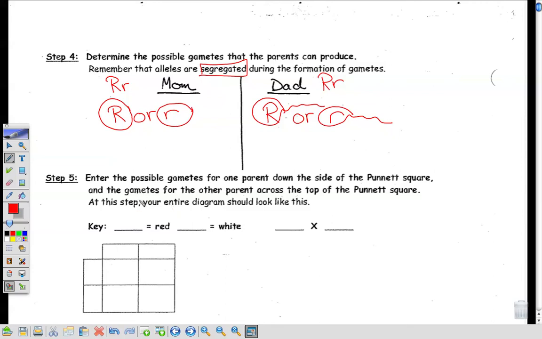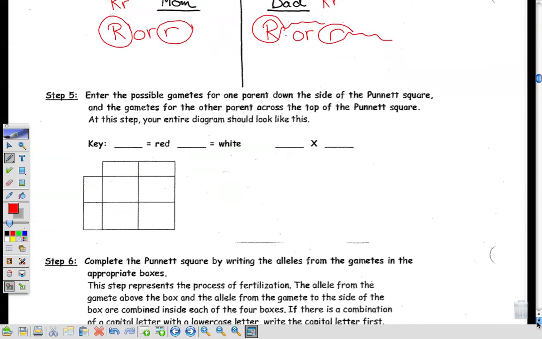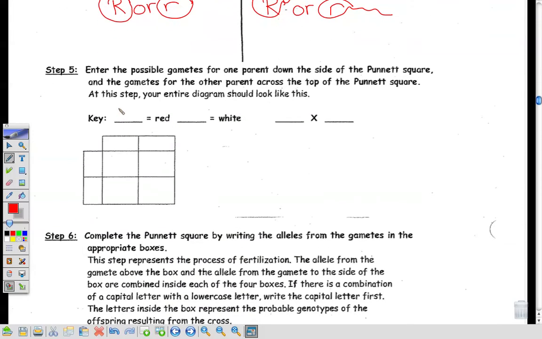So now we enter the possible gametes for the parents down the sides of the Punnett square. So we have to fill everything out. First, our key. Remember, we gave a capital letter to our dominant trait and a lowercase of the same letter to our recessive trait. And our cross, since both parents were heterozygous, is heterozygous crossed with heterozygous.